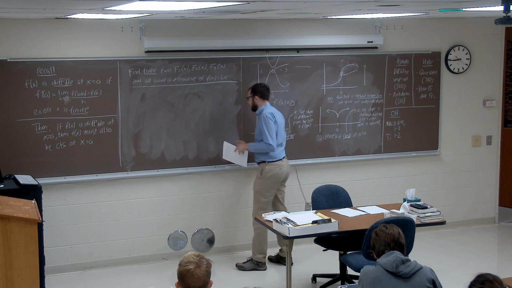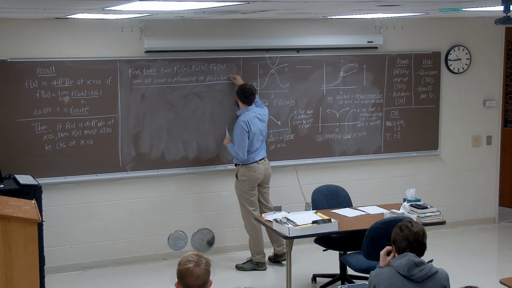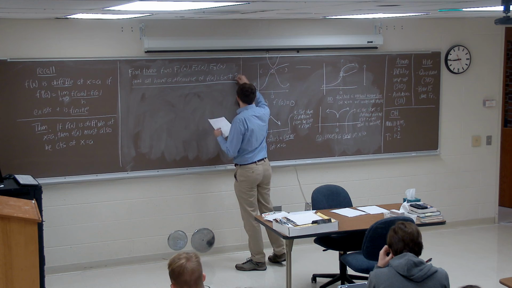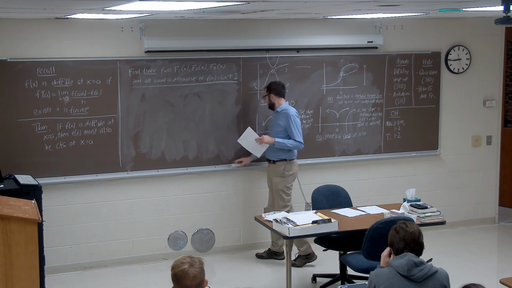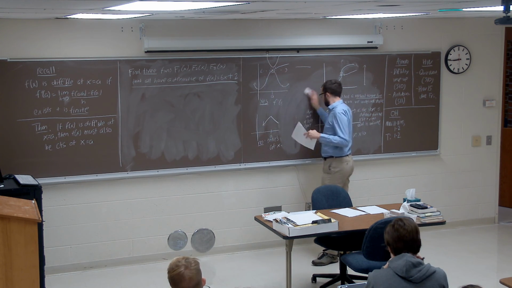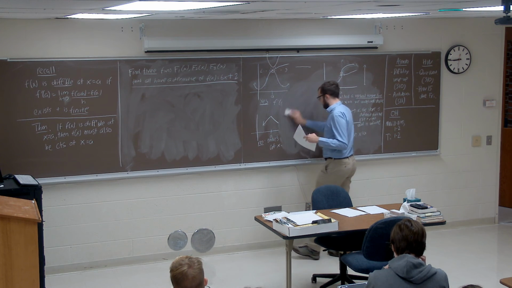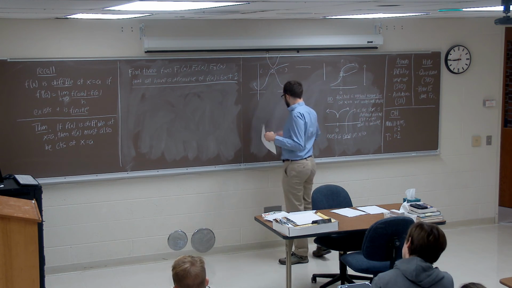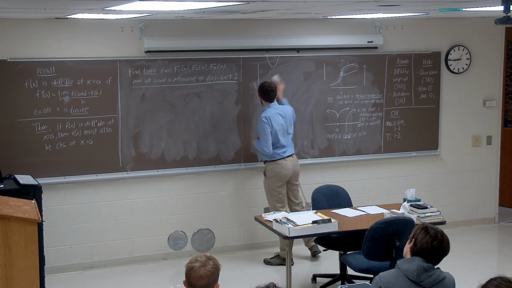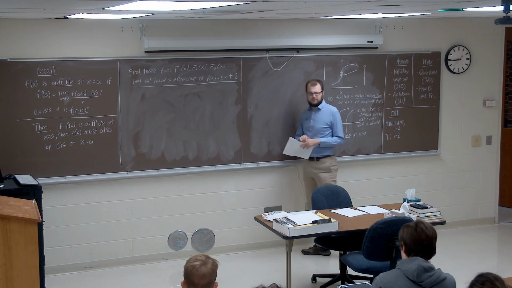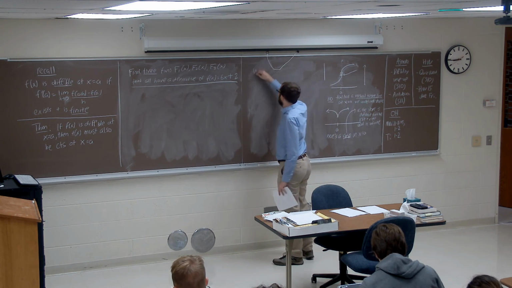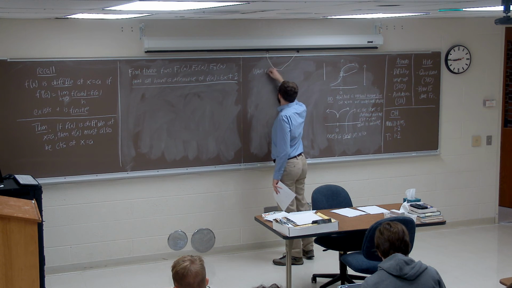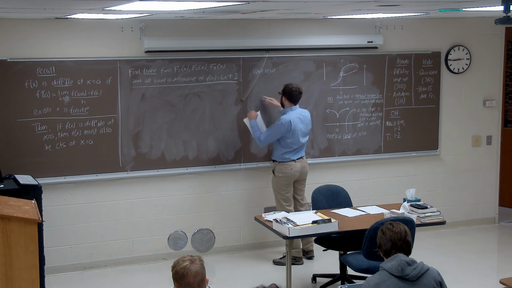Oh, it's supposed to be a plus. It's basically just all of the same. Because if you think about it, we're going to say the derivative of 6x plus 2.